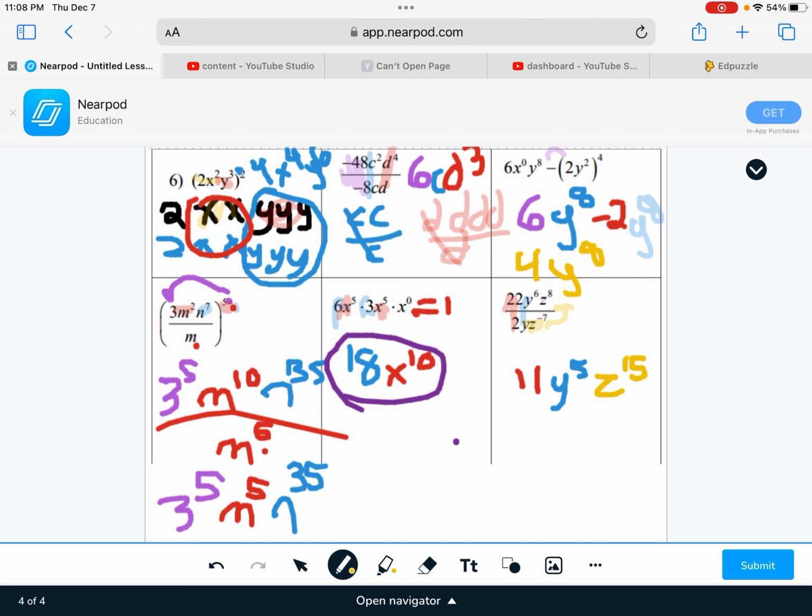If it helps you, literally write out y, and you put that over another y, and you go, oh, look, I can cancel that out, and just count 1, 2, 3, 4, 5 y's in order to get that y there. Do the same thing with the z's to get the 15. Like, it's okay to do that.